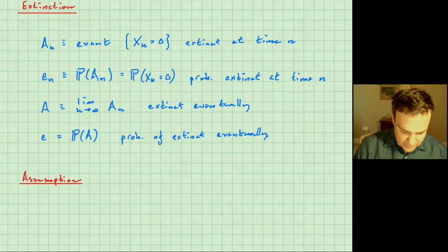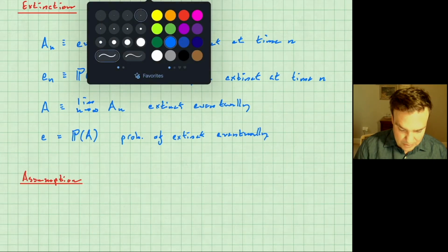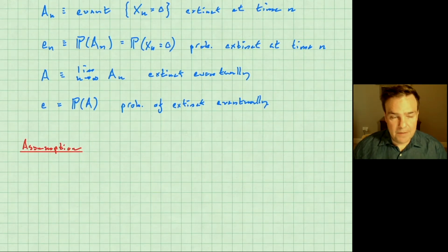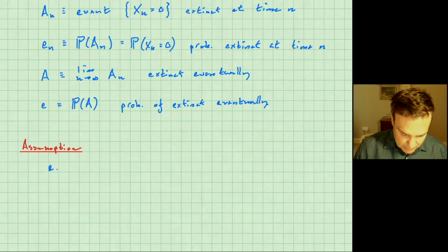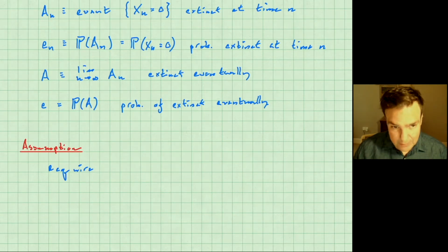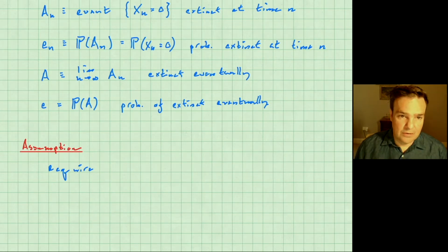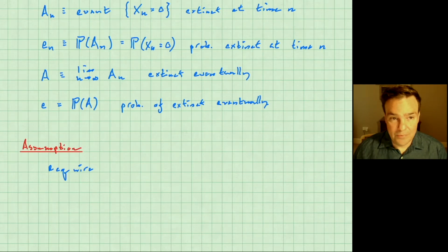We're just going to suppose that branching is possible. That is to say, we're going to require that the probability mass function for the offspring is not always zero.